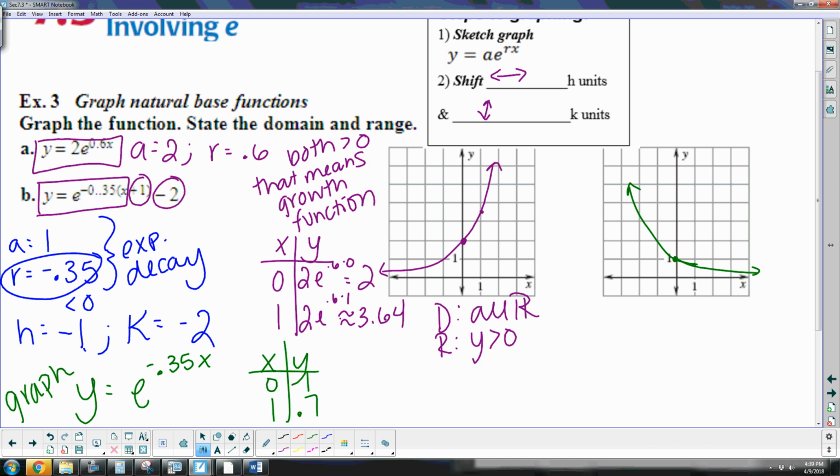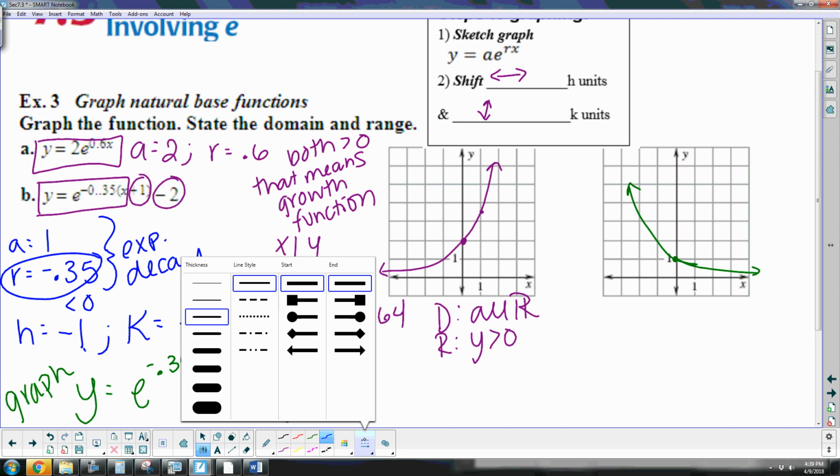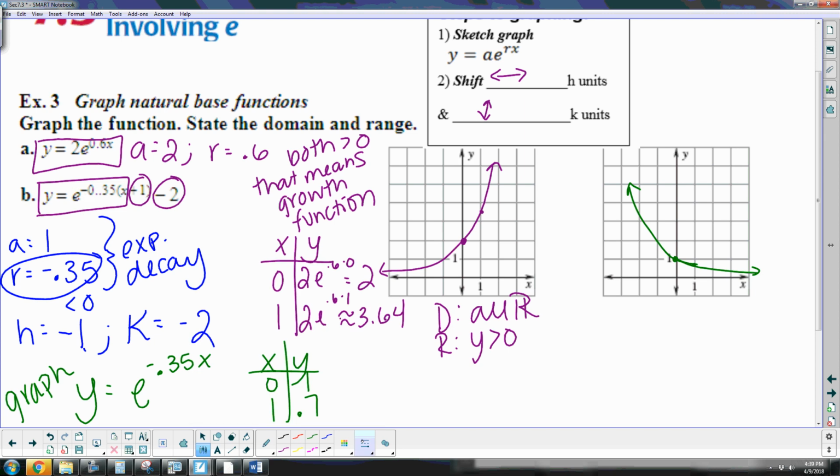So we're going to sketch our graph in, and then we're going to translate it. We're going to translate it to the left 1 unit and down 2 units.